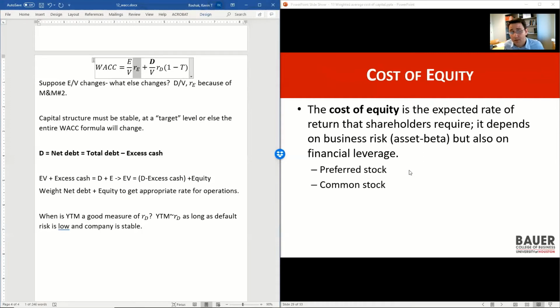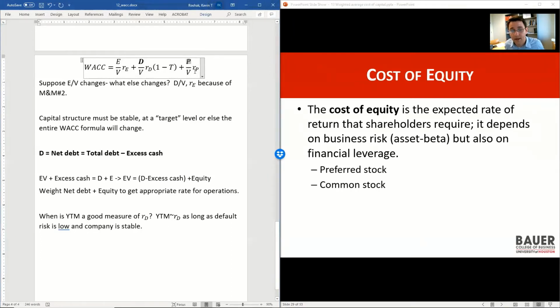We can also have multiple different types of equity. The standard is to have common equity, RE. But suppose you have something called preferred equity. Well, we can just modify the WACC a little bit for new sources of financing. We have debt, we have equity, and then say we have preferred equity. It's a third source of financing.